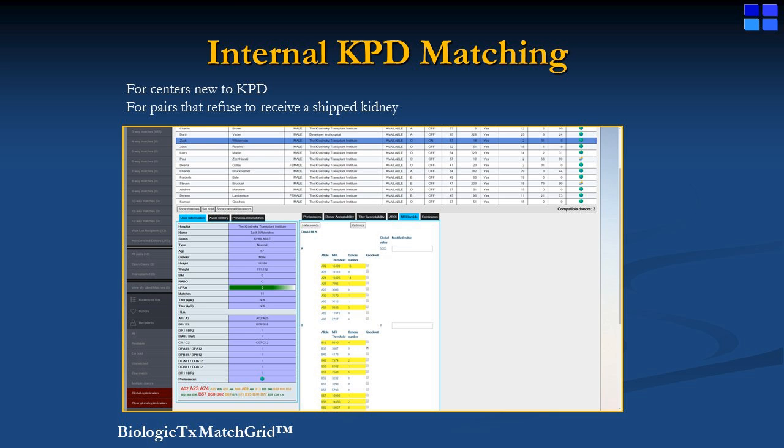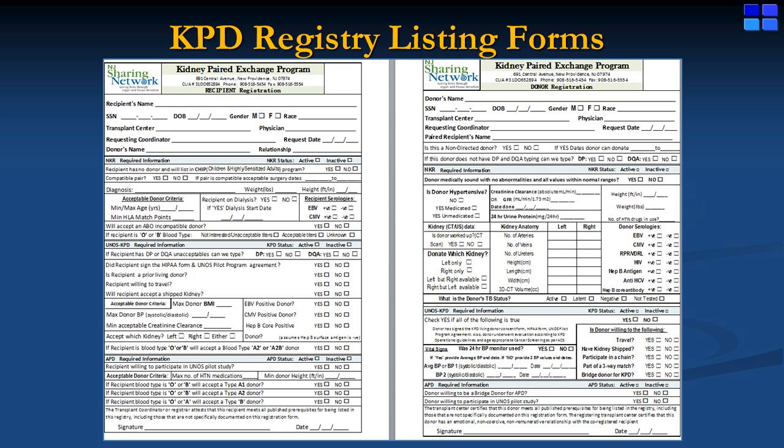In addition, recently we started using an internal KPD matching software, and this may be utilized for payers that do not want to participate in a national match due to not wanting to receive a shipped kidney and the risks that you need to explain to them that are required by UNOS, or if you're using more compatible pairs, and I'll discuss that.